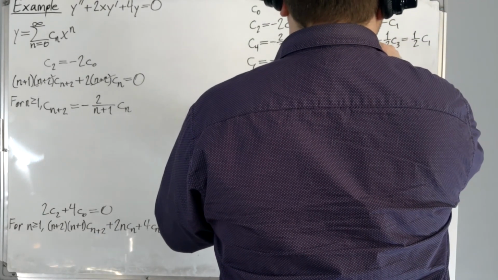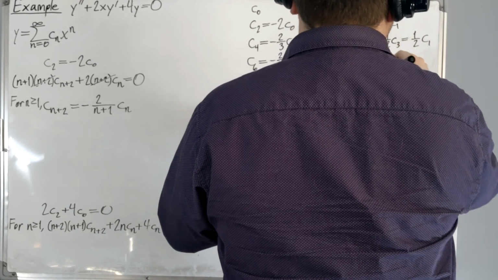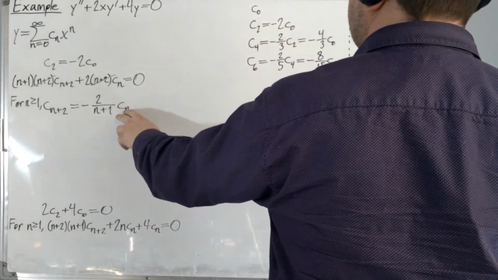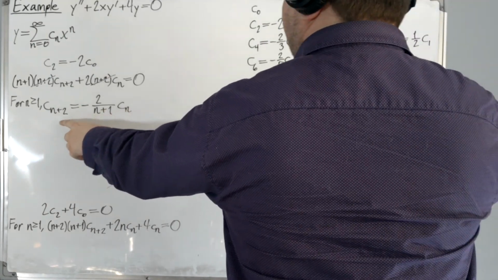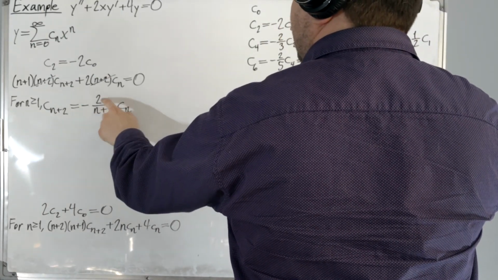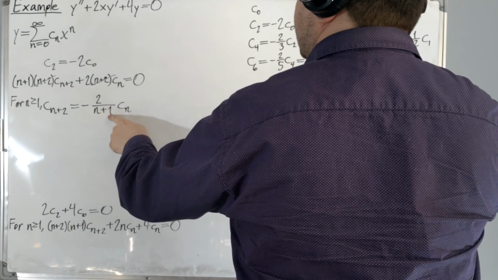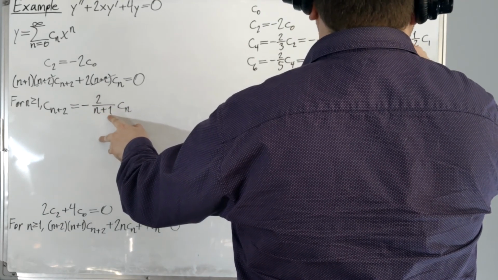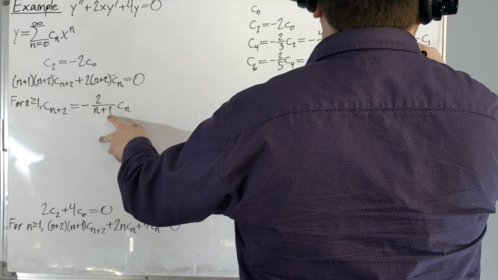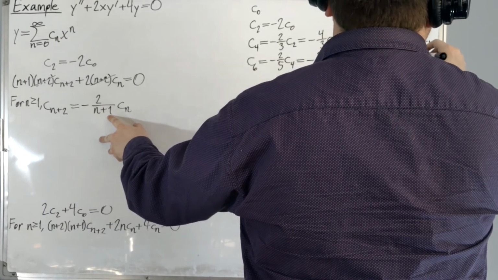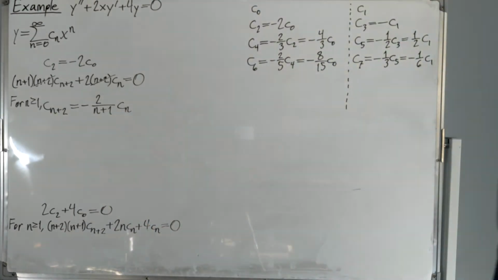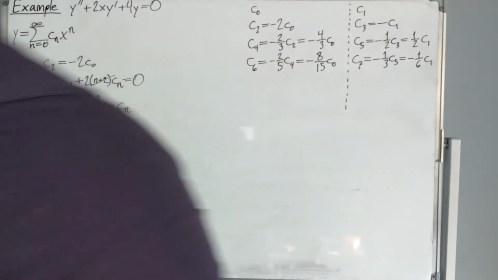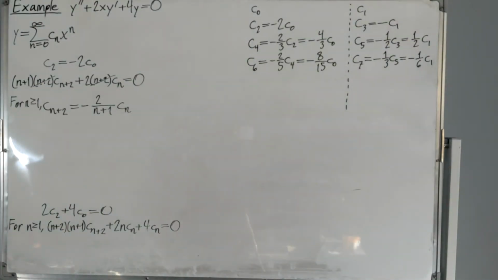Then C7 is going to be, when n is 5 in this equation, so negative 2 over 6, so negative 1/3 times C5, which is just going to be negative 1 over 6 times C1. And you can keep going like this.